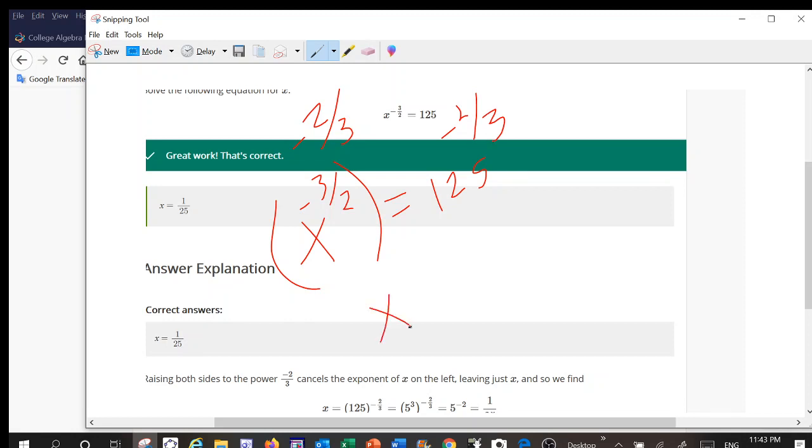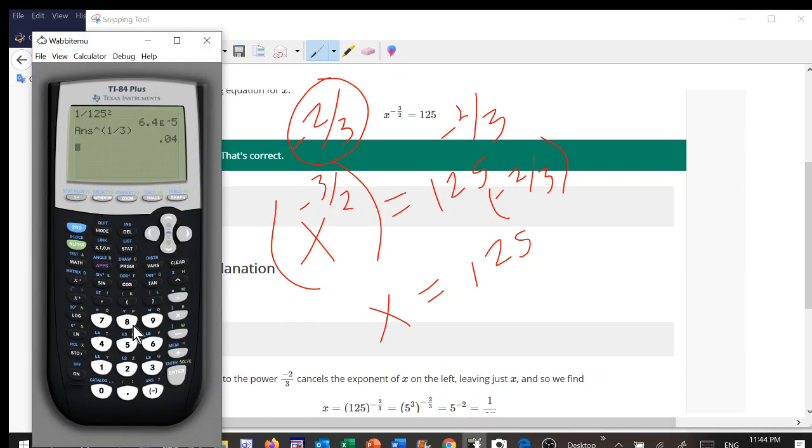Now this would be just x. Why? Because when I raise to this, the denominator is 3, so that means it's a cube root, so I don't have to worry about plus and minus. So that would be just 125 to the power of negative 2/3. And the calculator can do this for me.